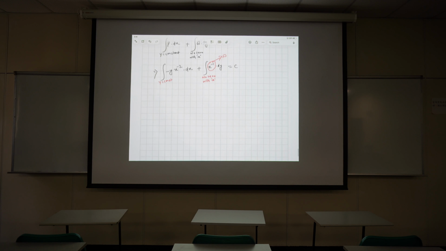So we are left with only one term. Now if you integrate this one by keeping y as a constant, how much will we get? y by x is equal to c.